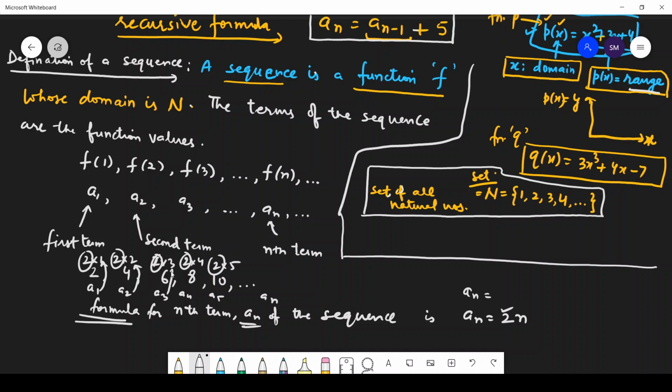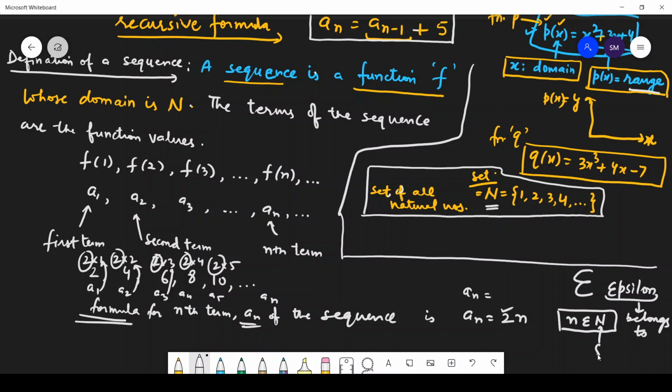We have written that this domain is the set of all natural numbers. So 1, 2, 3, 4, 5, 6. We are putting n equals to 1, 2, 3, 4, 5, 6. So what is this n? This n belongs to the set of natural numbers. Students, this is one more thing, how you write it. This symbol is a Greek symbol, epsilon, and it means belongs to.